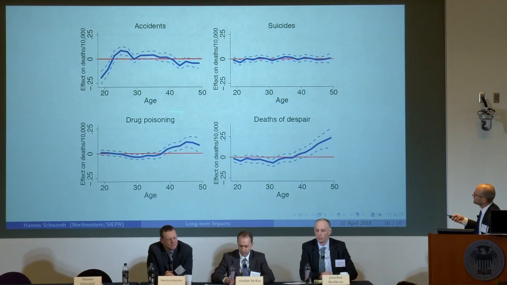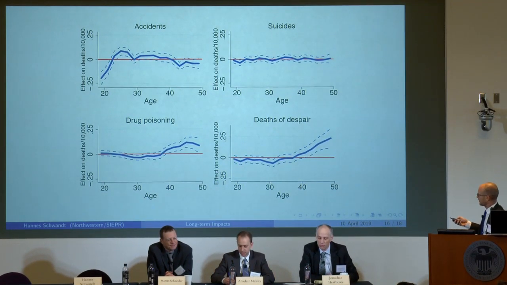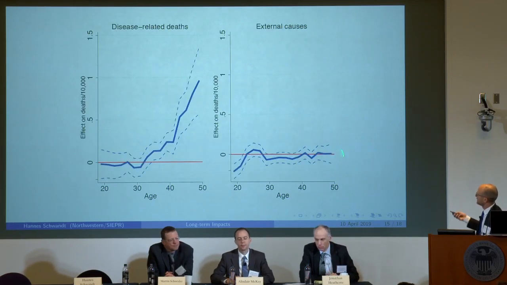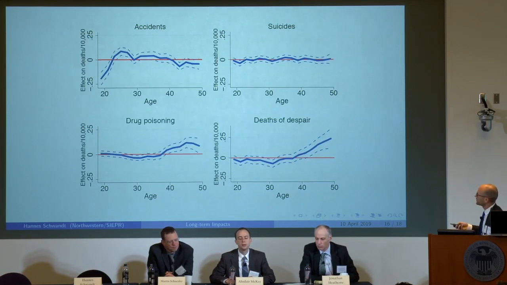However, there is an external cause that didn't really show up in this overall figure here, which is drug poisoning. And of course, a lot of this is driven by the opioid epidemic.